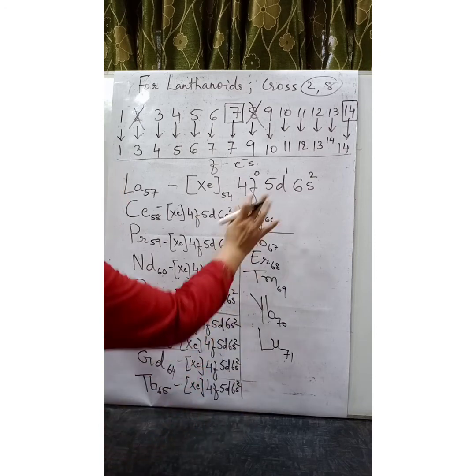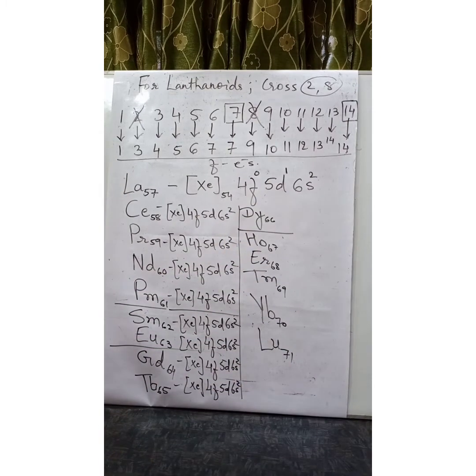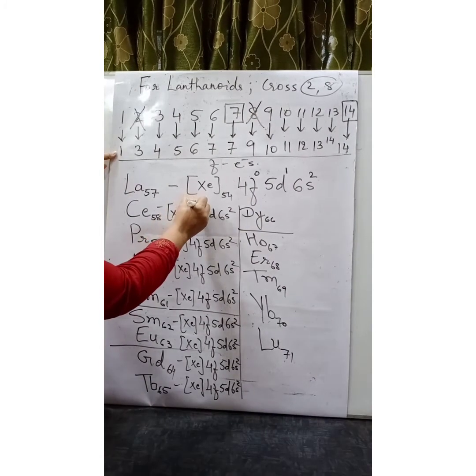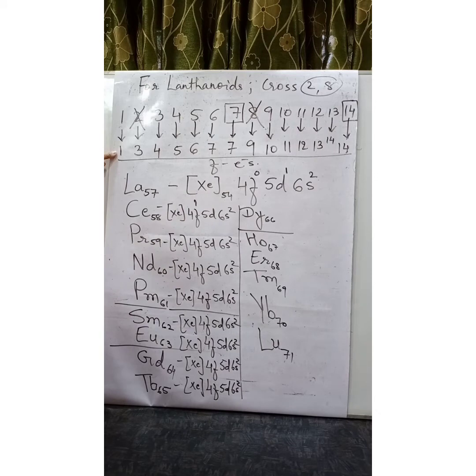Now I'll do this side later on. Now let us start. Xenon has 54 electrons. I will first of all fill my 4f series. The f block starts from cerium. 1 is going to come here in 4f.